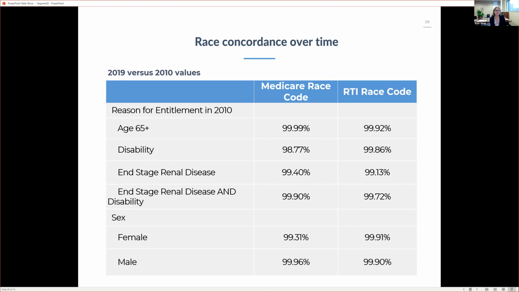So you may read about a code being updated, you may read about an algorithm being reproduced, but in fact, it's vanishingly small that anyone's race will change as far as CMS records go. So this has to do with this reliability thing. And it means that if you're looking at a cohort over time, in my mind at least, I don't worry that if I pull race from one year versus another, I'm going to get a different answer for a particular person.